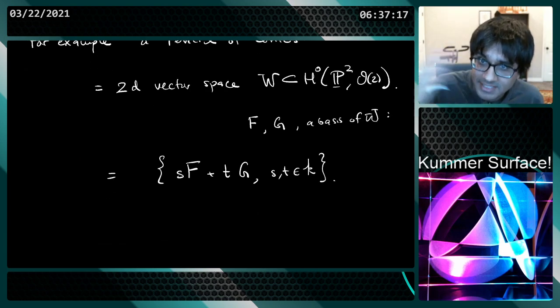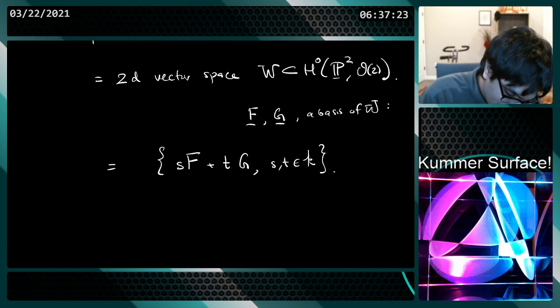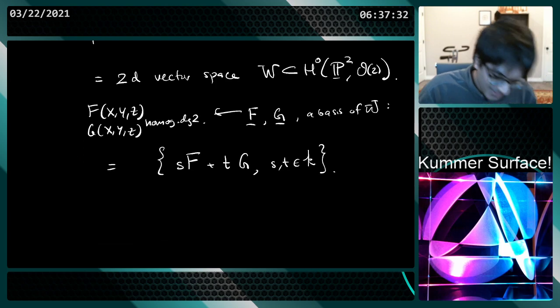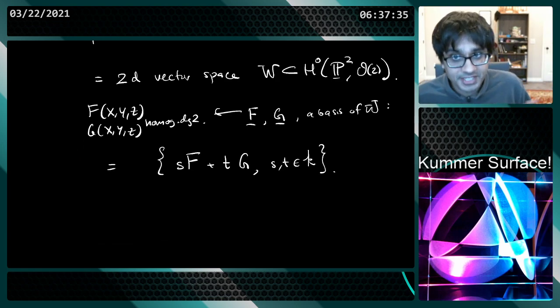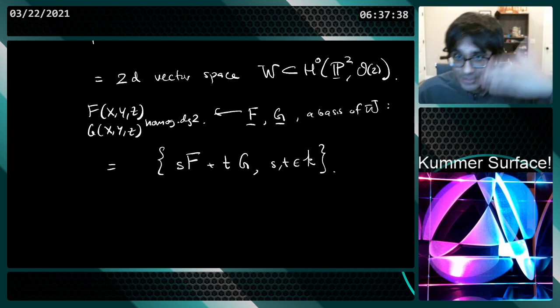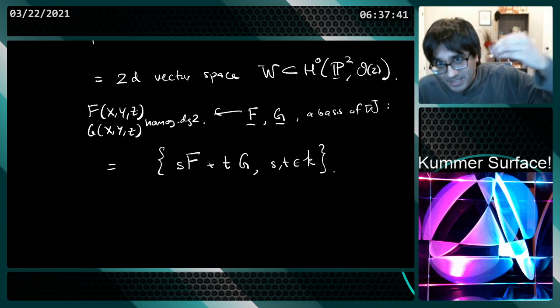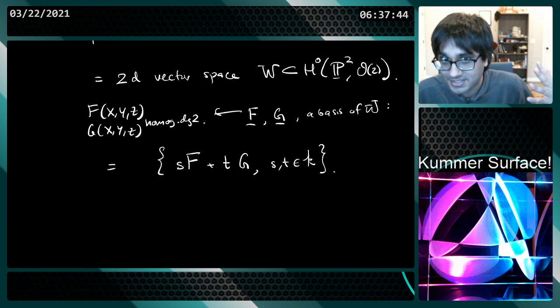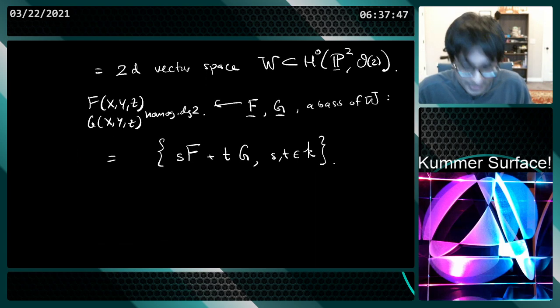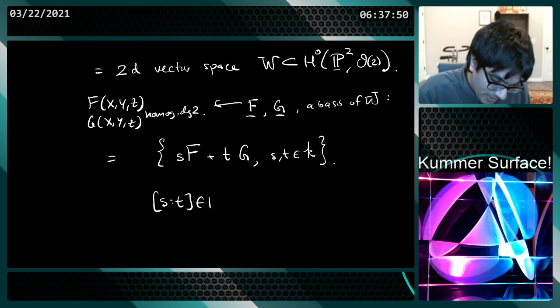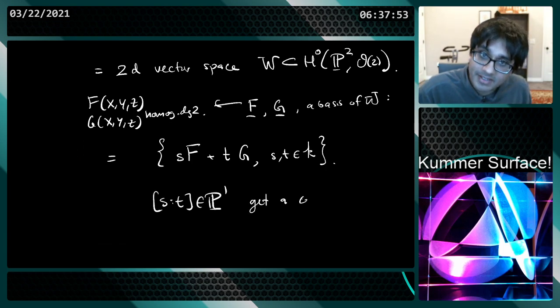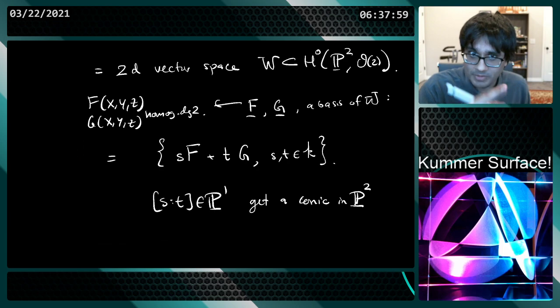And if you keep looking at zero schemes of these conics, by the way, F(x,y,z) and G(x,y,z) are homogeneous of degree 2. If you want to think about it visually, this is producing families of conics, linear families of conics. A pencil of conics, because for each element in P1, you get a conic by setting this homogeneous form equal to 0.